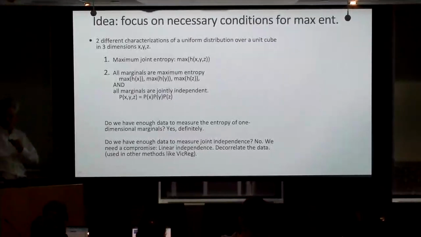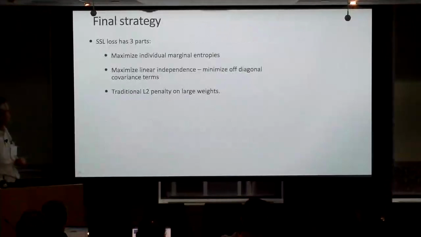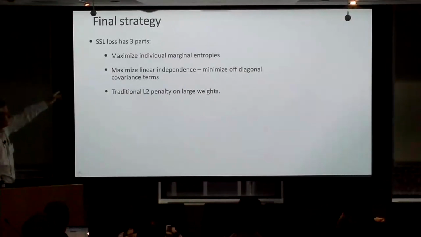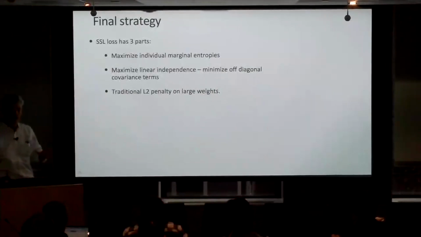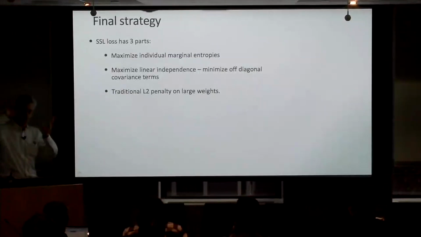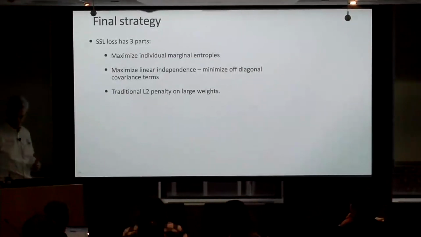Or do you somehow magically get rid of it, maybe because of the inductive bias of the neural network? Maybe. Guess what? The answer is... Just to summarize, we're going to do an embedding based on maximizing individual marginal entropies, which is just the entropy of each feature of your embedding, maximizing linear independence by minimizing the off-diagonal covariance terms, and then also applying an L2 penalty on the weights to make sure that our embedding function is not too crazy. It's smooth. Okay.